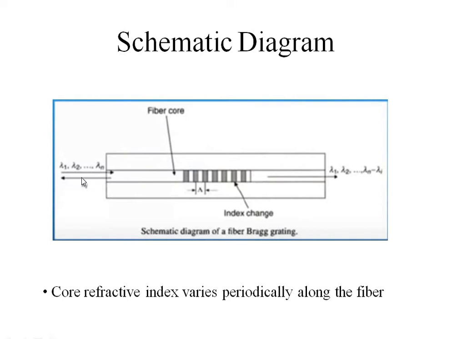All other wavelengths pass through to the other end since they are not in phase with the grating period. So this makes the FBG reflect a particular wavelength and transmit all other wavelengths. I hope you understood this.